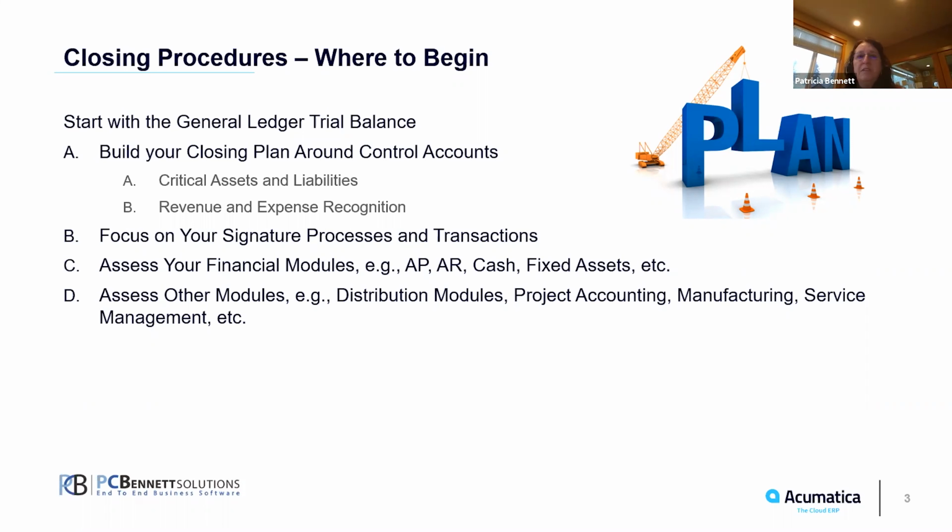Now, there are some cases in which we're going to try to make sure that some of the important accounts in our P&L have the correct numbers, but most of the time we're going to focus on the balance sheet numbers, and we're going to focus on those modules that have schedules inside of the ERP system.